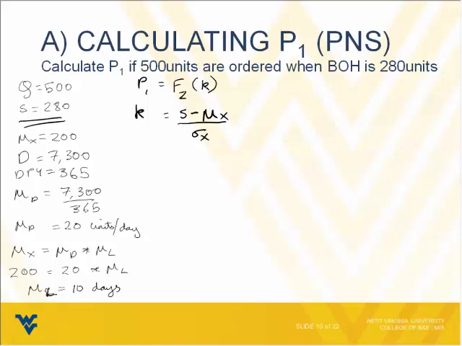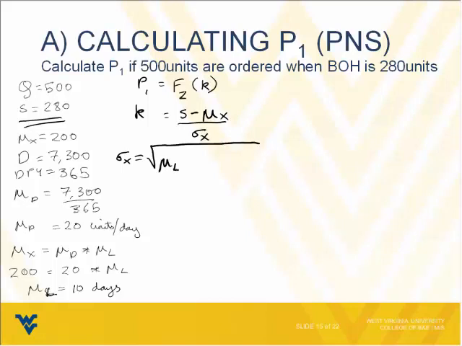So the reason why we need average lead time, average demand, and now the standard deviation of demand and standard deviation of lead time is because, if you remember our formula for sigma x, what's our formula for sigma x?